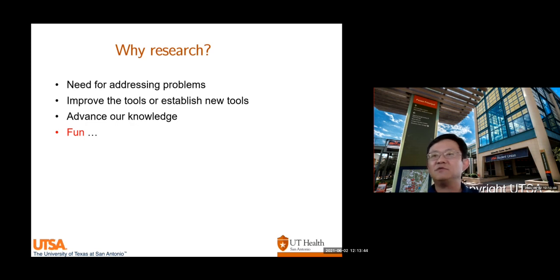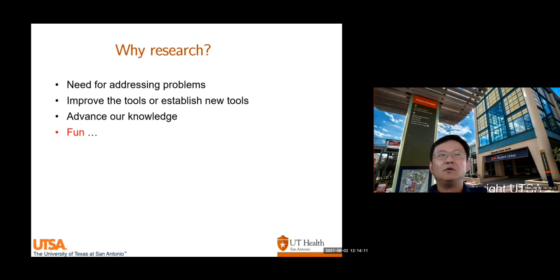Research itself is also hard, and humans have this tendency and urge to conquer hard problems, right? And from which we gain fun. Okay, so one of our last reasons for doing research is really because it's fun.